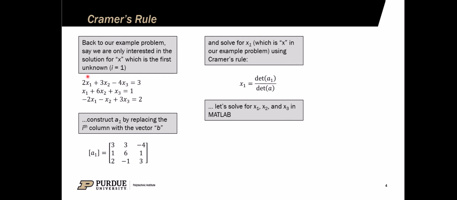You can see these coefficients, 2, 1, and negative 2, have been replaced by the column vector B. Now that we have A1, we can solve for x1. It's the determinant of A1 divided by the determinant of A. So let's go ahead and jump over to MATLAB and take a look at this.